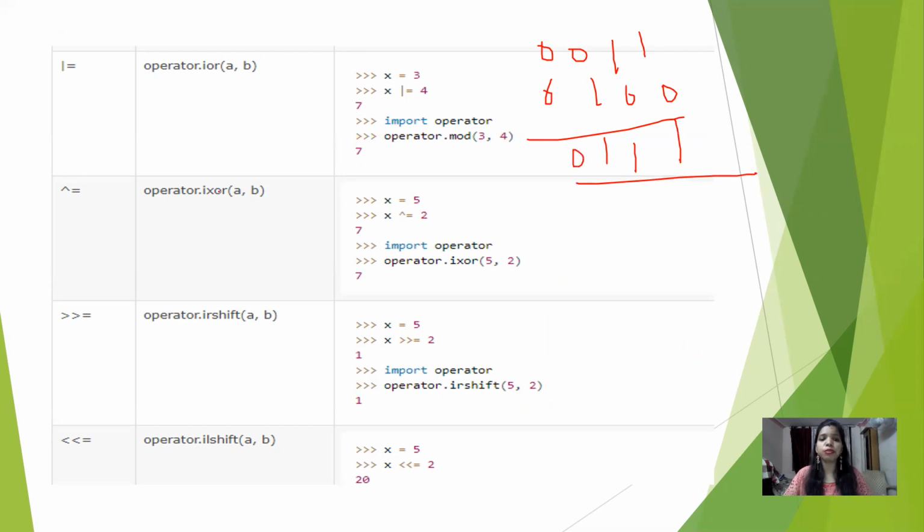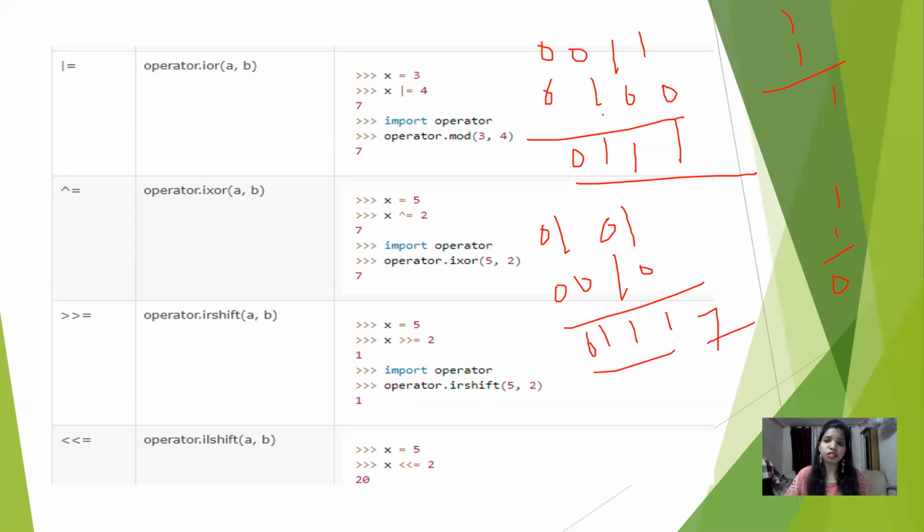XOR operation: the difference between XOR and OR is, for OR, 1 and 1 is 1, for XOR, 1 and 1 is 0. Suppose numbers like 0 0 1 0 and 0 0 1 0 1.